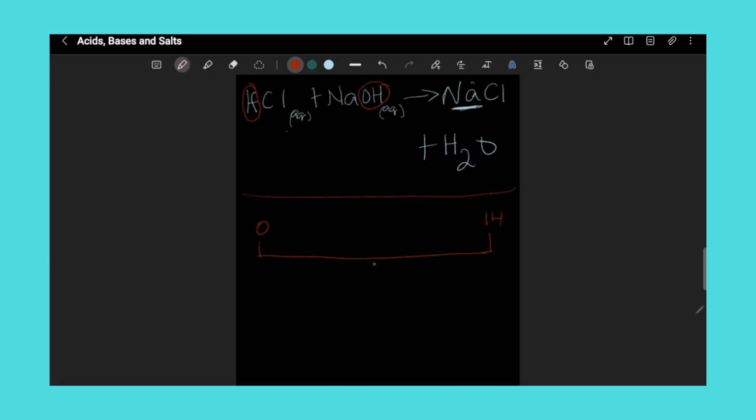In the middle we have 7. Anything from 0 to 7 will be acidic, and anything from 7 to 14 will be basic. So acids run from 0 to 6, or 6.9 if you want to be technical, and bases run from 7.1 to 14.